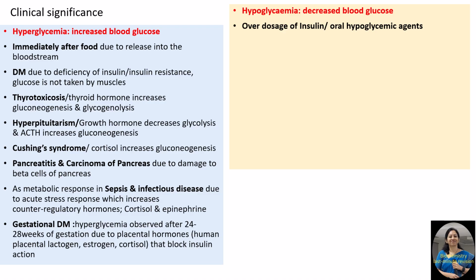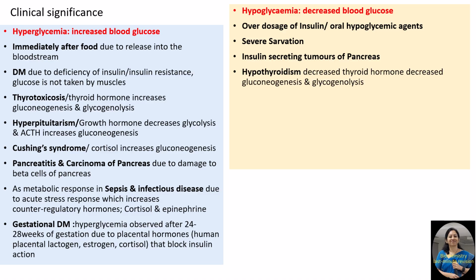Increased insulin, increased uptake of glucose by the cells where glycolysis operates, and there is no sufficient amount of glucose in the circulation, and it manifests as hypoglycemia. Next is severe starvation. The patient is not eating anything orally, so there is less blood glucose resulting in hypoglycemia. Next condition is insulin secreting tumors of pancreas. So more insulin, more glucose uptake and less glucose in the circulation.